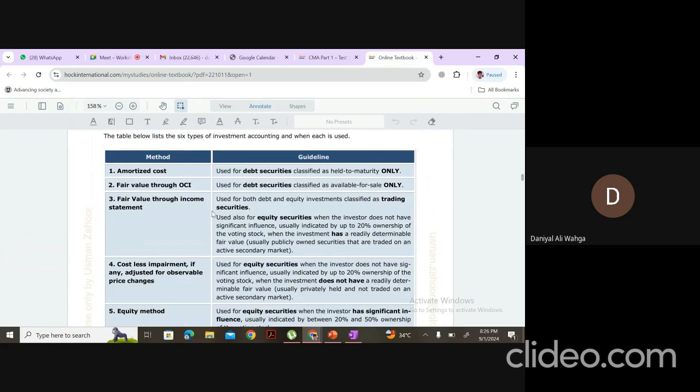Now, if the debt securities are held to maturity, but they are also available for sale, if another opportunity arises that provides the investor company with the option to sell these debt instruments and buy other debt instruments with higher return, then these are known as available for sale securities, and you have to measure them at fair value.